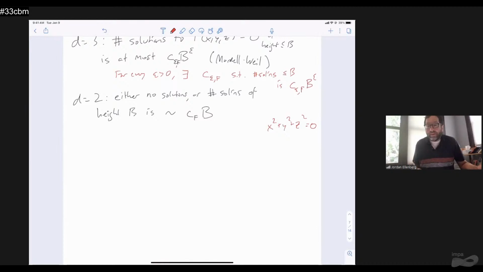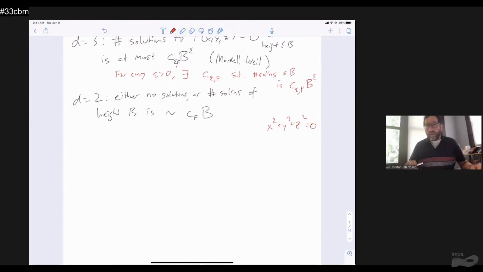It can't be 0. So it could have no solutions, but barring dumb stuff of that nature, there's always lots of solutions, and the number of solutions of height b grows like b. So in some sense, there's a very satisfactory story. And so you might think, oh, I guess at least for equations with 3 variables, a lot is known.